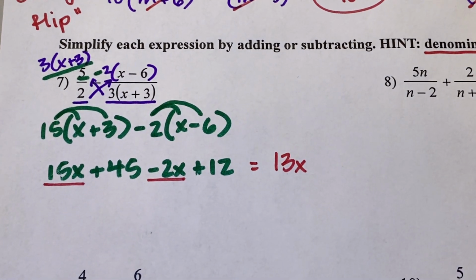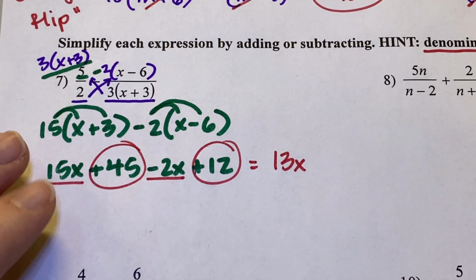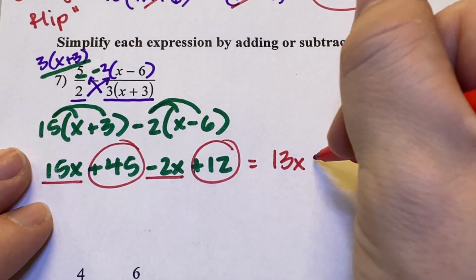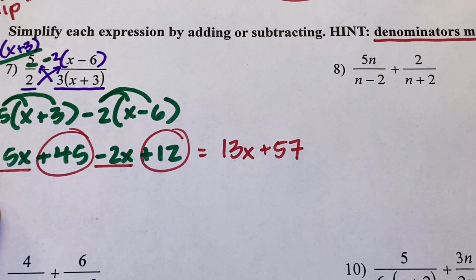Any other like terms I can combine? No. 12 and 45. 45 plus 12 is going to give us 57. Boom. There's our simplified numerator.